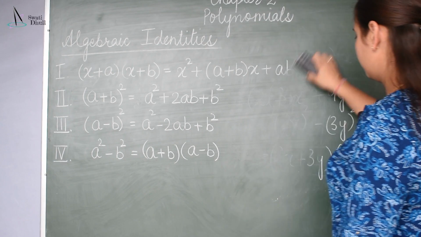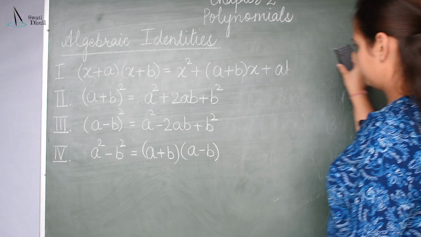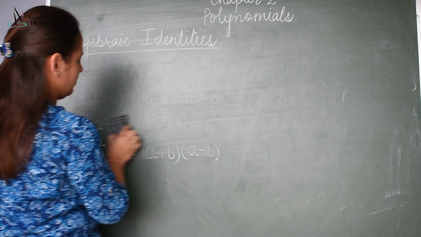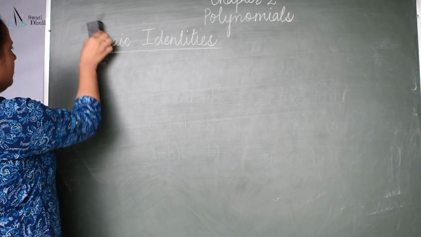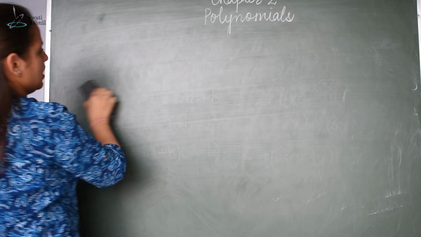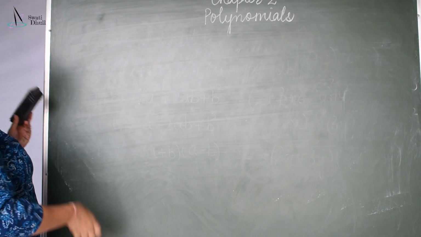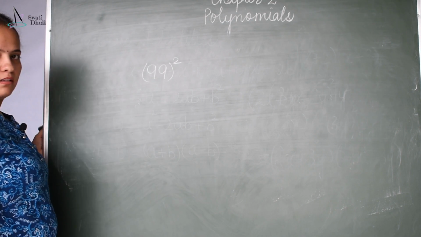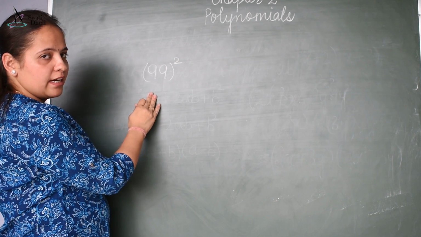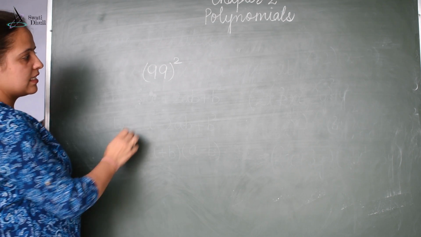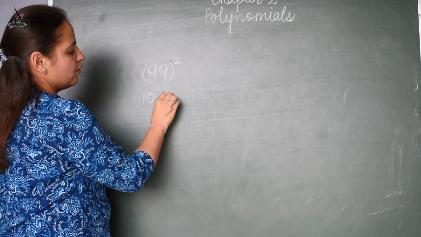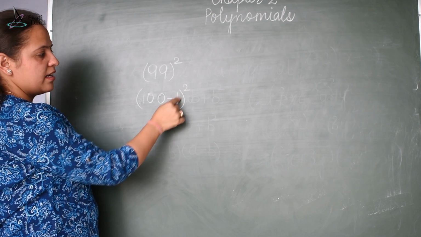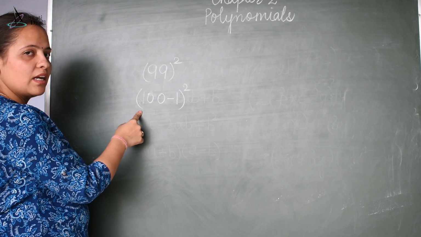Now let's proceed. Sometimes a question can be asked where you need to find the square of 99. Without multiplying it out, you can use algebraic identities. 99 can be written as (100 − 1)², so it becomes (a − b)².